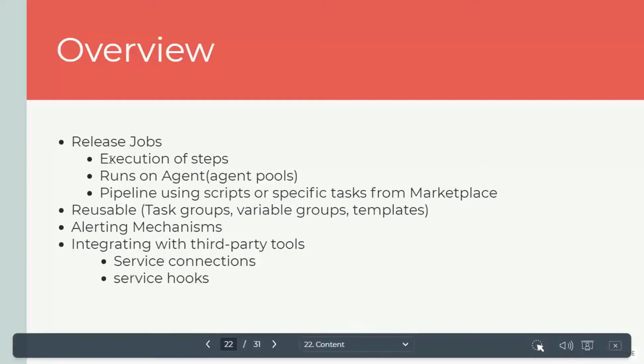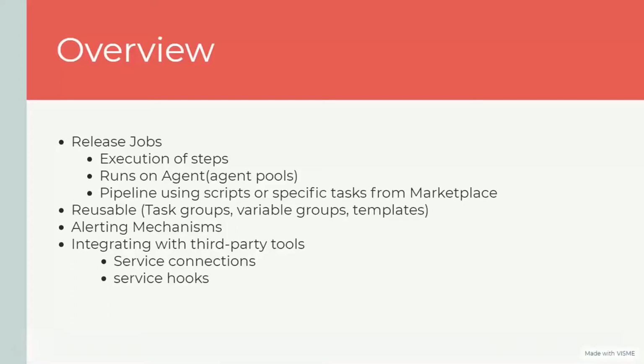So basically, the release job means the execution of steps, which means downloading the artifact, that is one step, and another step is copying the artifact from our artifact repository to the deployment environment.